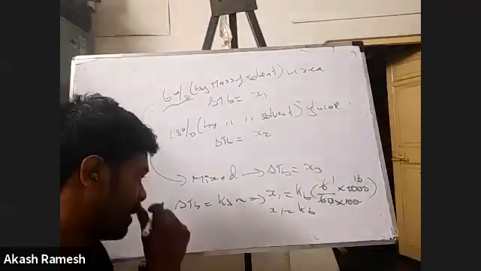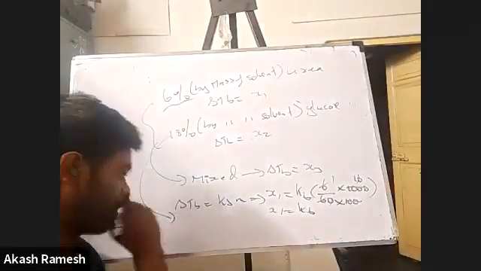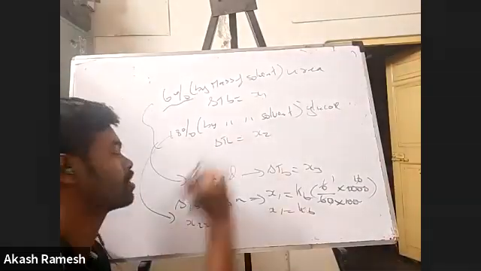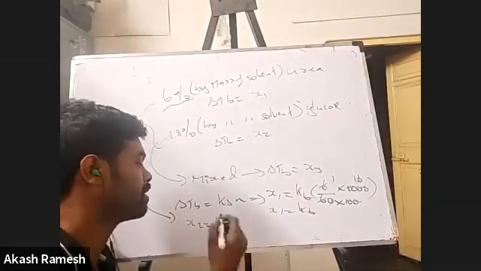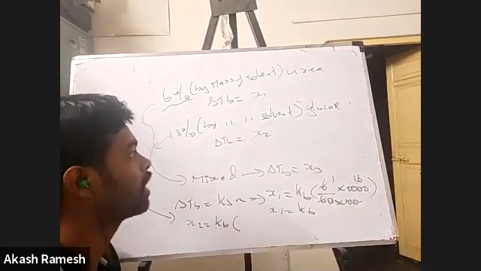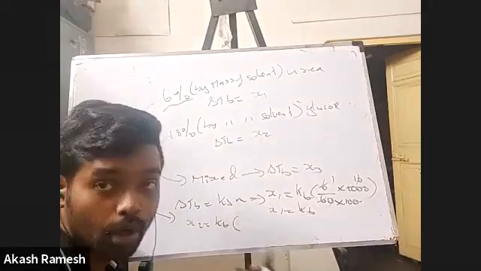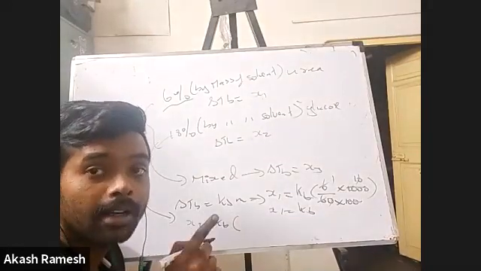Now if I go for the second solution, it is the same thing. x2 is the elevation in boiling point, Kb is there, molality we can calculate. Now it is 18%, so 18 grams of glucose is present in 100 grams of solvent.